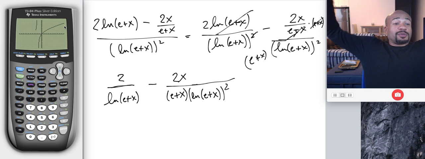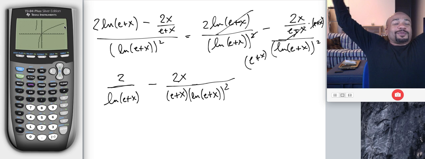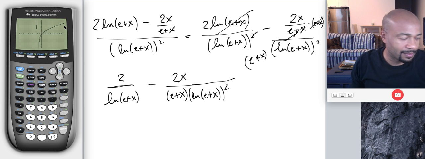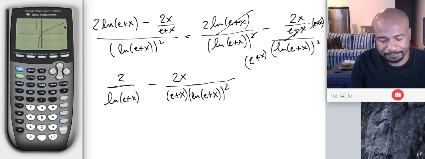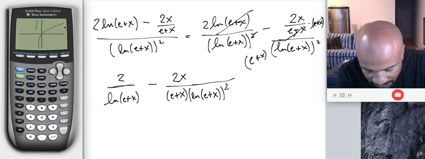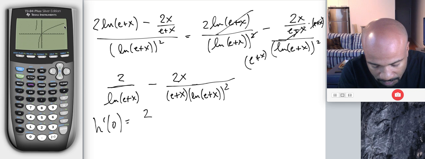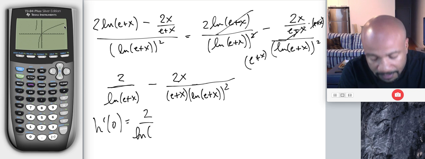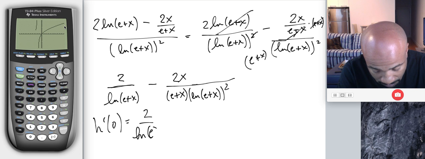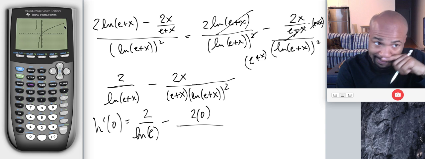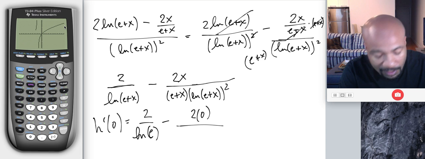So that's your actual derivative, which is why I don't like the quotient rule, because the product rule would have gotten you there a little bit cleaner. So now I have to find h prime of 0. So I have 2 over the natural log of e plus 0, so that's e, right, minus 2 times 0, so whatever's down here is going to make it 0, but we need to make sure, well, it will be 0, because this value will be a real number.